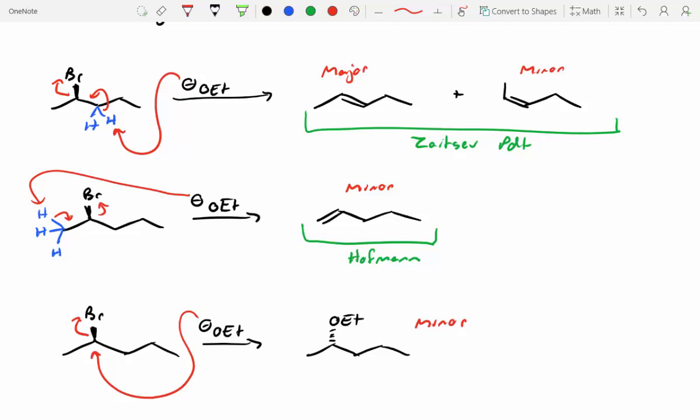Yep? Along the same lines, if we are in a polar protic solvent, wouldn't that prefer, if we're looking at a secondary carbon cation, would that prefer SN1? That's a good question. So typically secondary carbons, unless they can rearrange into more stable ones, you won't see those because this is a really strong nucleophile.